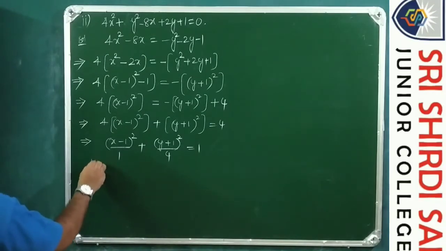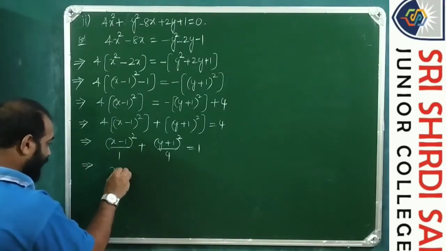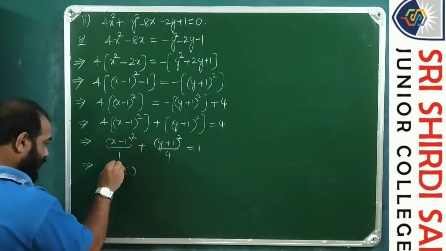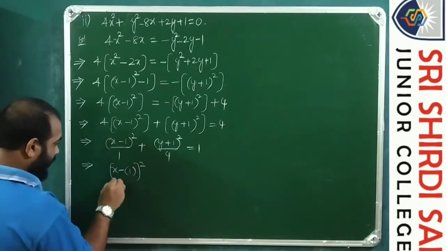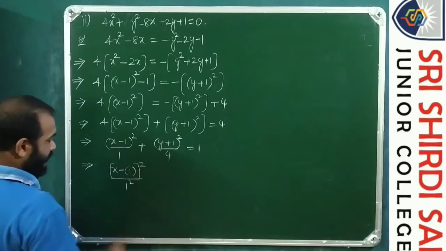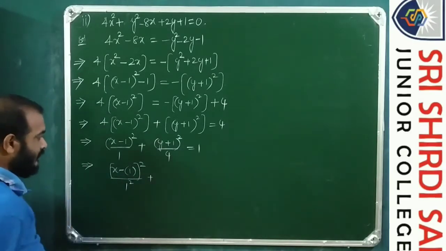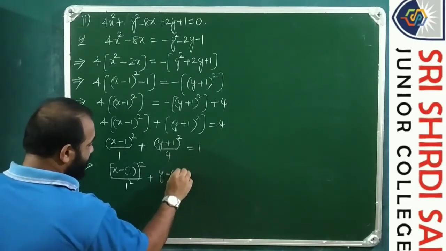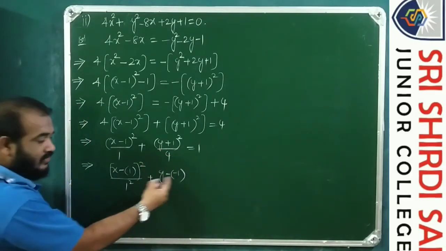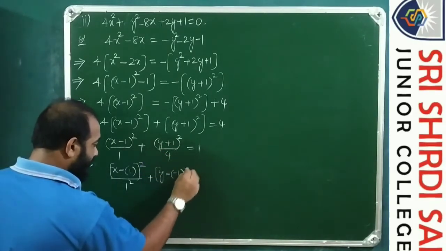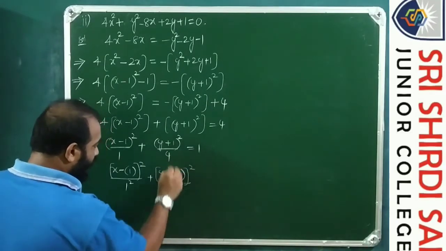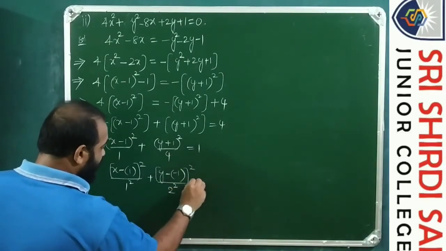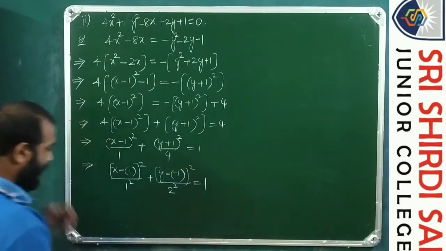Here, this can further be written as (x minus 1) whole square by 1 square plus (y minus of minus 1) whole square by 2 square is equals to 1.